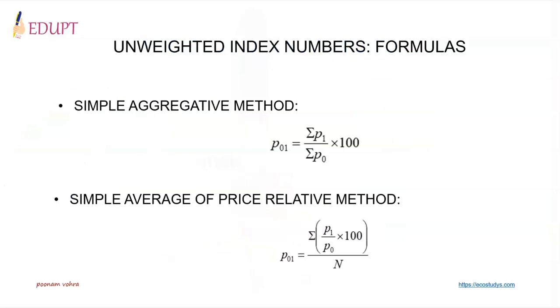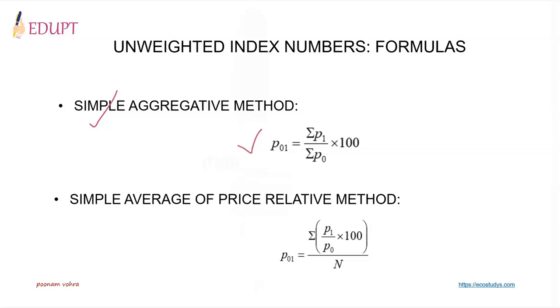In unweighted index numbers, the index number is equal to the sum of prices for the year for which the index number is to be found, divided by the sum of actual prices for the base year. So the two methods are, first, the simple aggregative method. The formula is P01 is equal to summation of P1 divided by summation of P0, into 100.